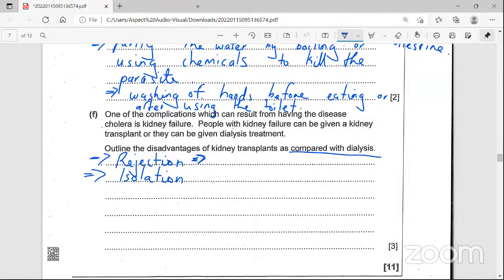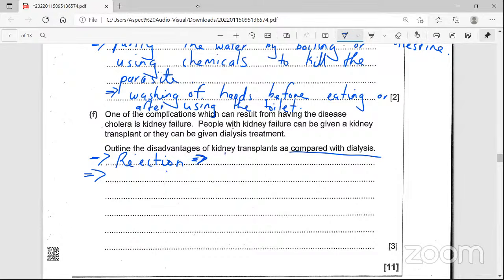Okay. So you said with your kidney, you mentioned, compared to dialysis. Okay, yes. All right, so here with the rejection, what would you say?